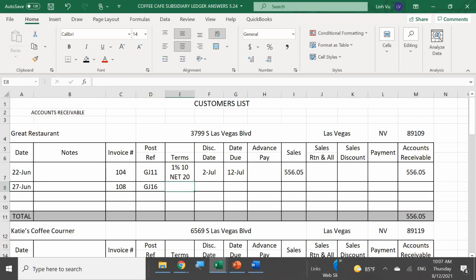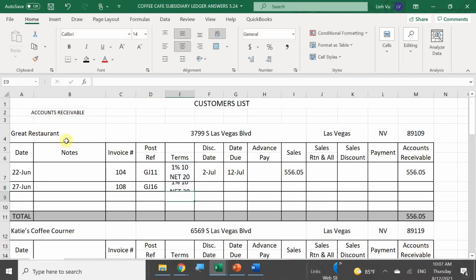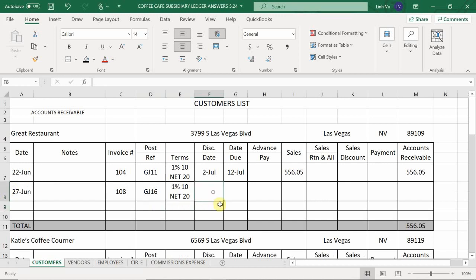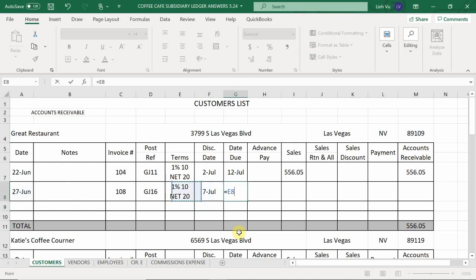The discounts is the same, 1%, 10, net 20. So in this case, if I add 10 to my 27, that should give me the 7th of July. And if I add 20, that should give me the 17th of July.